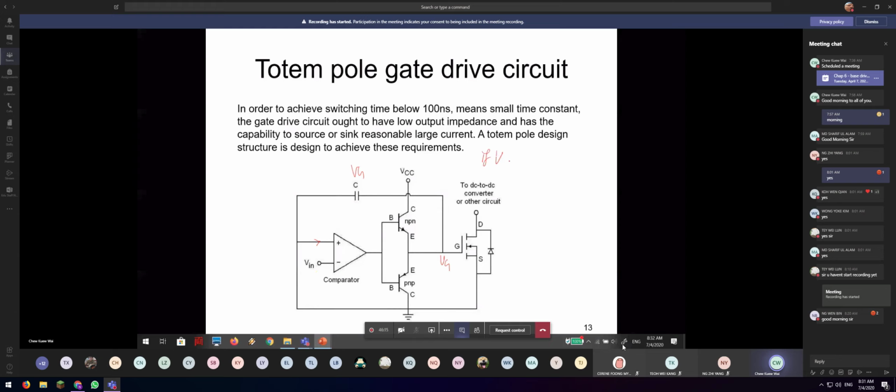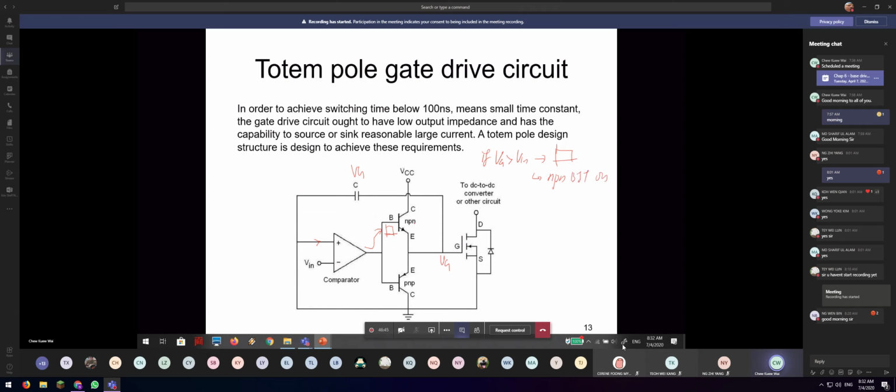If VG is higher than Vin, that means your output is high. Output here is high, that means here will be high, like this. So in this case, the NPN BJT is on.